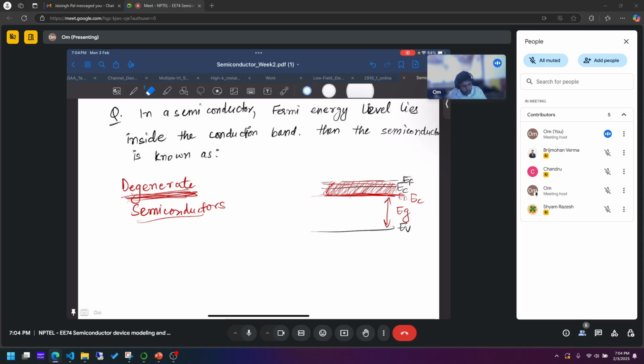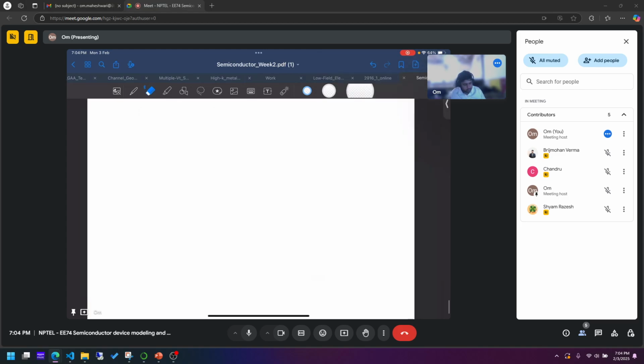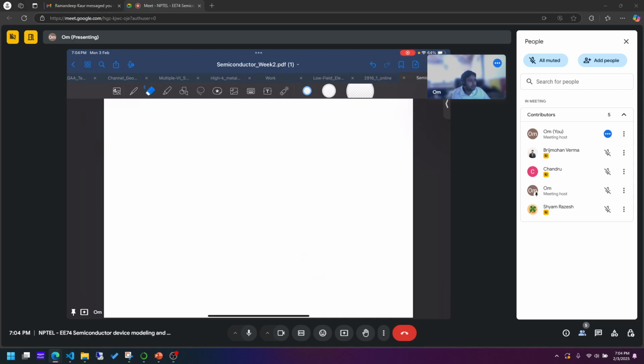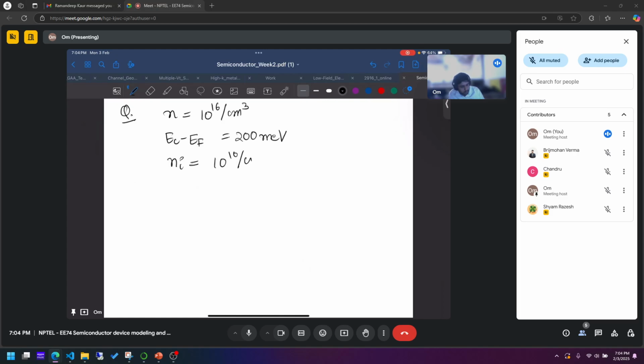So let's take one more question. In a semiconductor, the electron density is 10 to the power 16 per centimeter cube, EC minus EF is 200 milli electron volts, and the intrinsic carrier concentration Ni is 10 to the power 10 per centimeter cube.